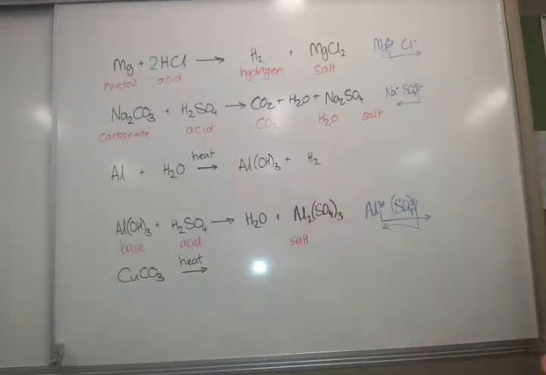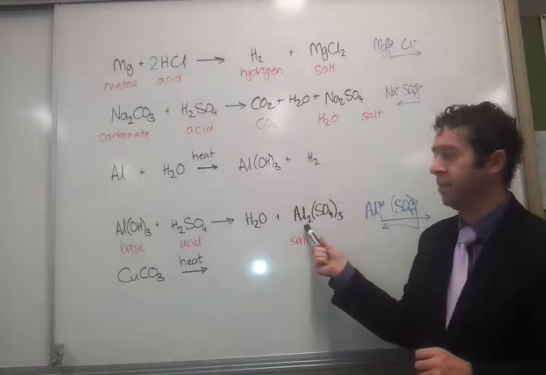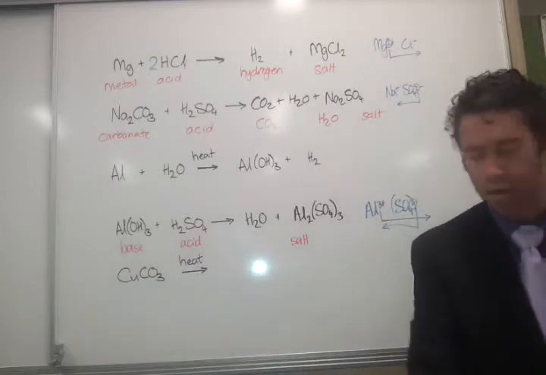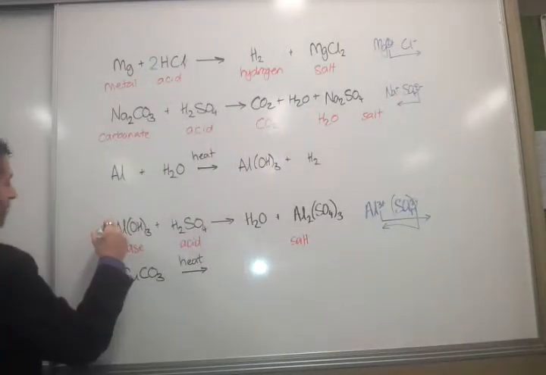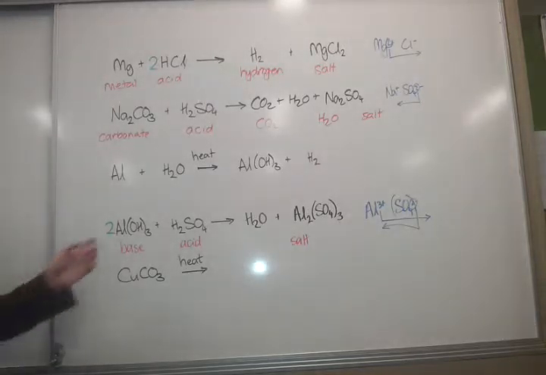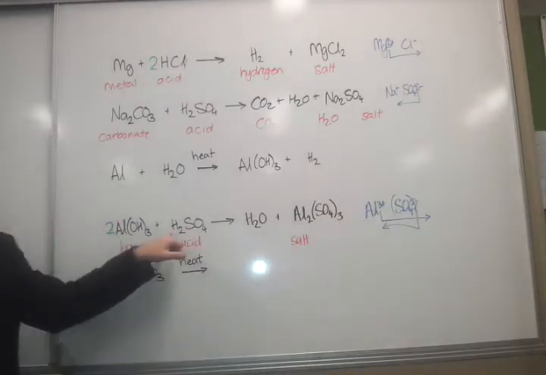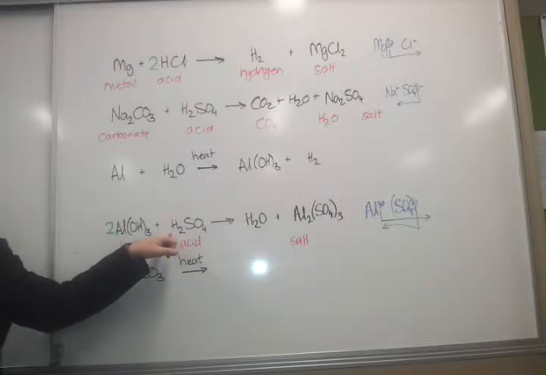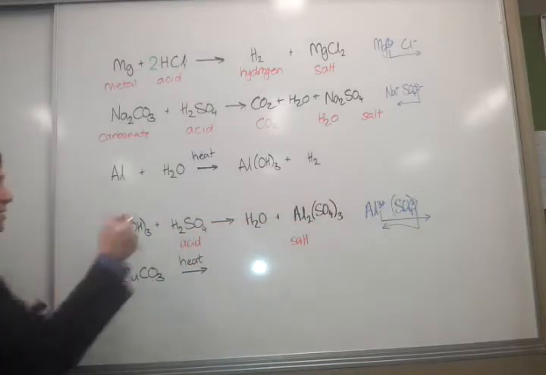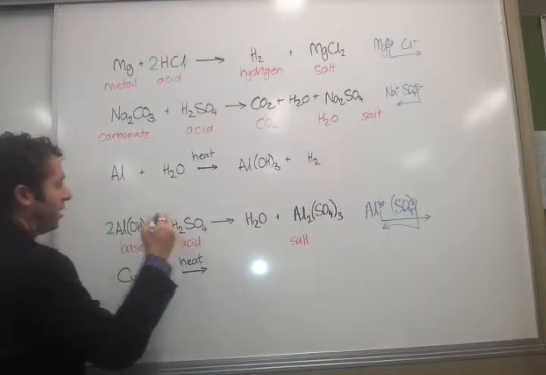For balancing the actual equation, it's quite obvious that, well, if we've got 2 aluminiums, we probably need to have 2 Al(OH)3s. So let's put that there. And if we've got 3 sulfates, I probably need 3 sulfuric acids. So I can do that.